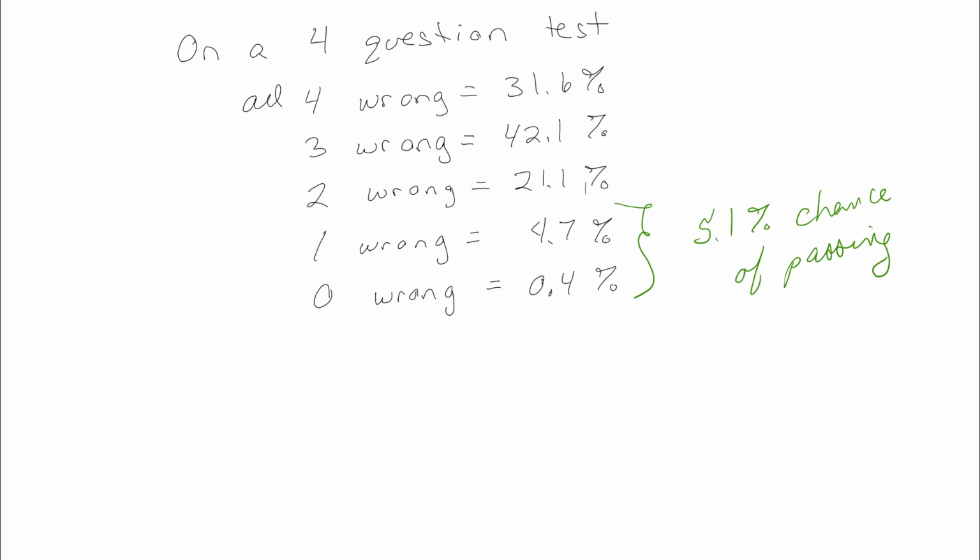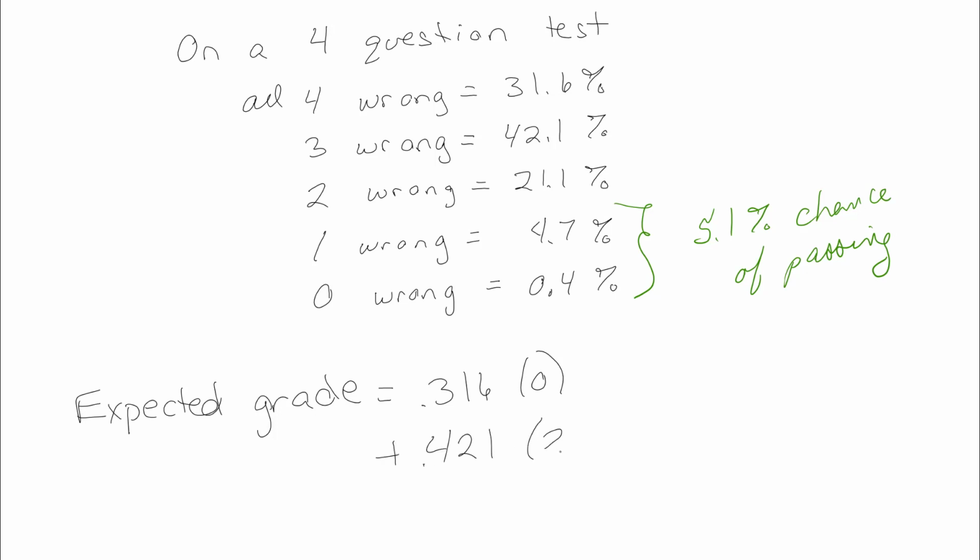So if you really wanted to know what's my expected value, or my expected grade, what you would do is you could say, all right, I have a 31.6% chance of getting a 0 on the test. I have a 42.1% chance of getting a grade of 25 on the test.